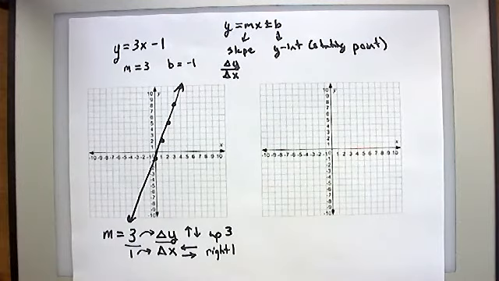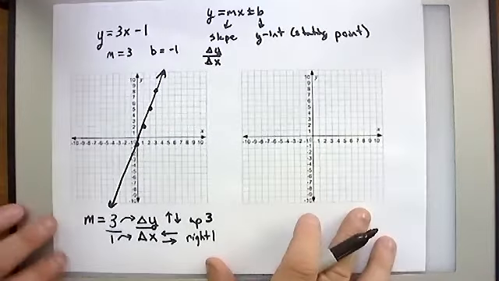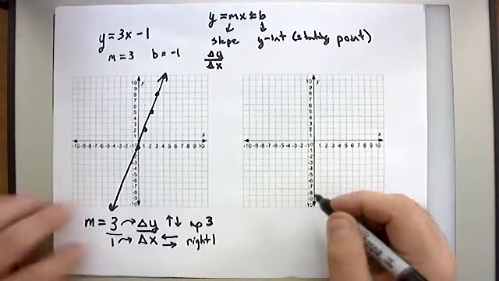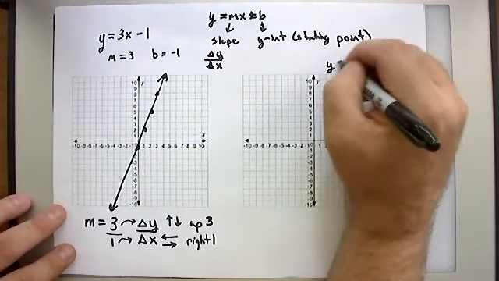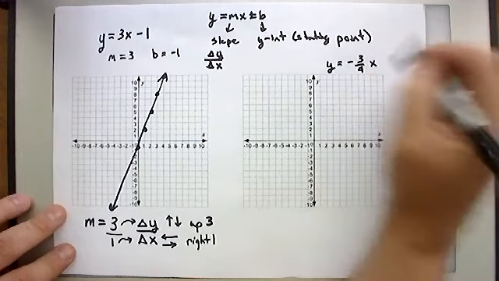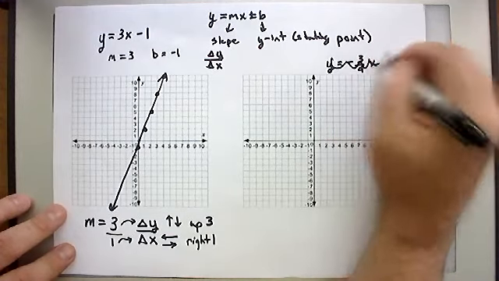All right, let's try to do the next one a little bit quicker. Again, it's not a rush, so if you want to pause and take your time, that's fine. But on the test, if you get these questions, these should be the ones that are real quick and easy. Those exponents or maybe those charts we had to do might be the stuff that takes you a little bit longer. Let's say we did y equals negative 3/4 x. Let me write that again down here.